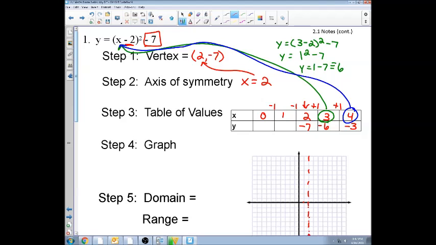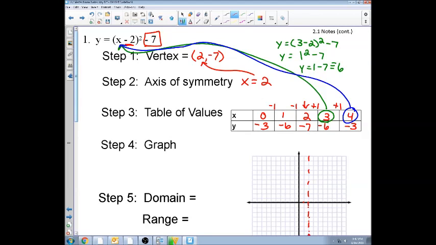From here, I do not have to do any more calculations. You could go ahead and calculate 1 and 0 here if you want to, but because x equaling 2 is our axis of symmetry, we should end up with negative 6 and negative 3.